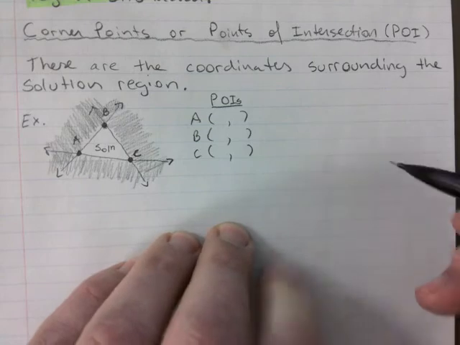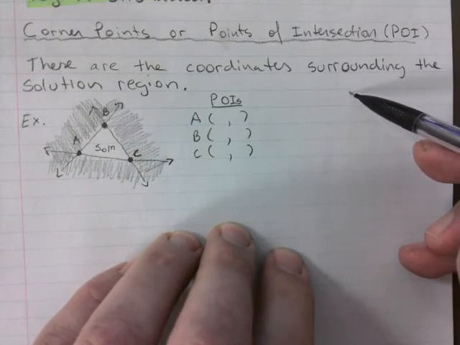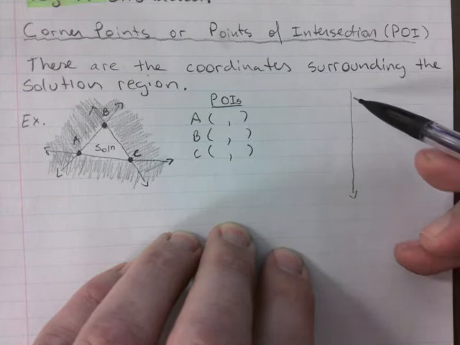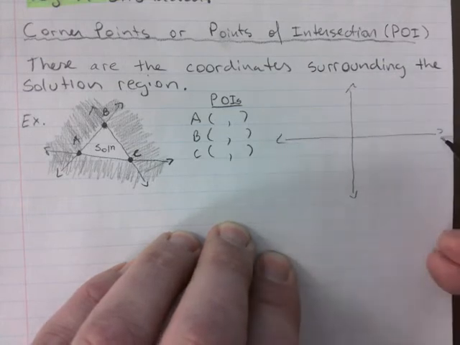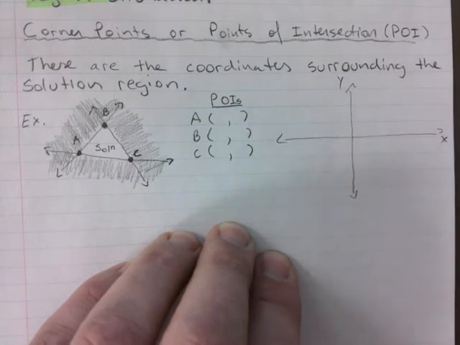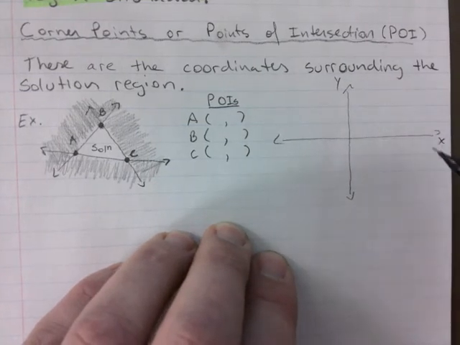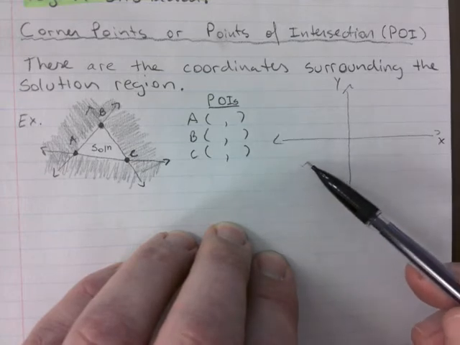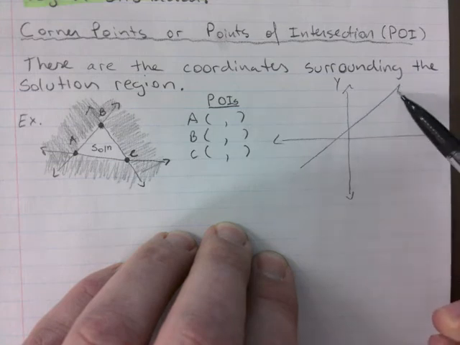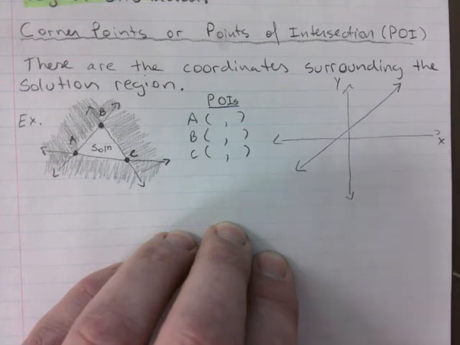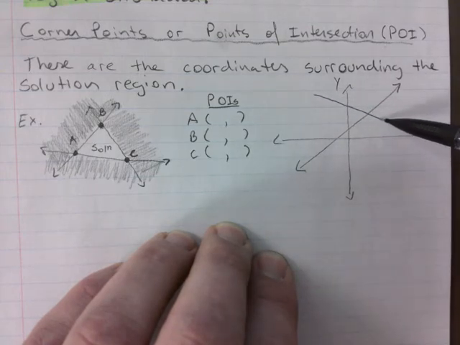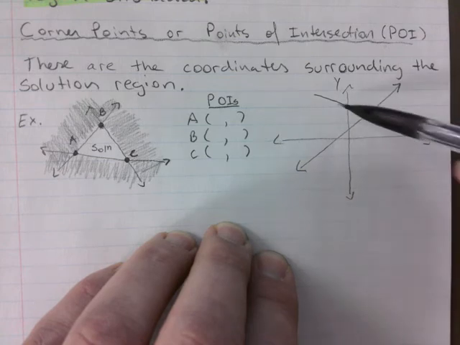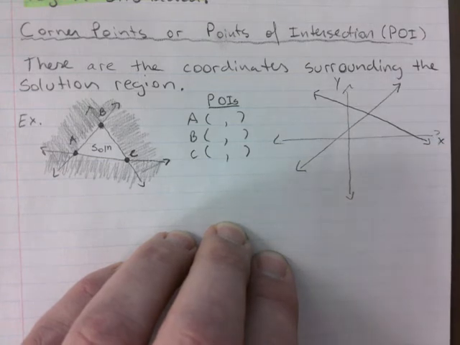So I'll do another example here on the side. I'm actually going to do the X and Y axis because this is something that will happen. So let's say you're only graphing two inequalities. So one of them will come this way. And the other one will come this way. So you've graphed your lines.